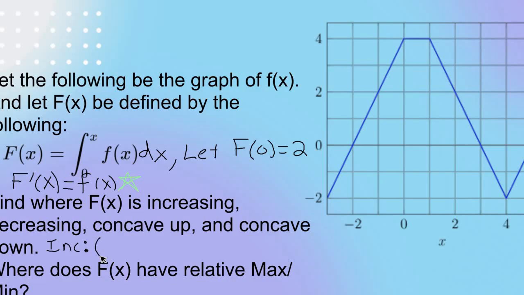From -2 to 3. Anywhere else? From 5 to 6. Which means that it is decreasing when it's negative. From 3 to 4, or 3 to 5. Yes, but you also missed one, from -3 to -2.